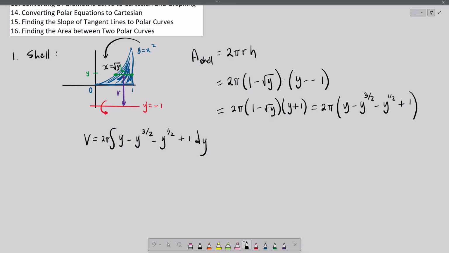And limits of integration, you said they're y limits, so they go from y equals 0 to whatever this y value is, which is 1. So 0 to 1. Then integrate term by term, plug in your 0, plug in your 1.